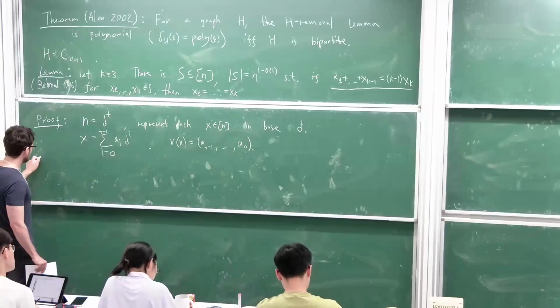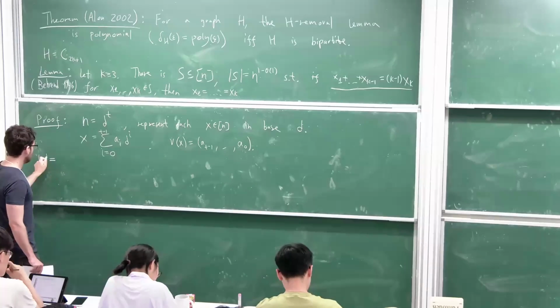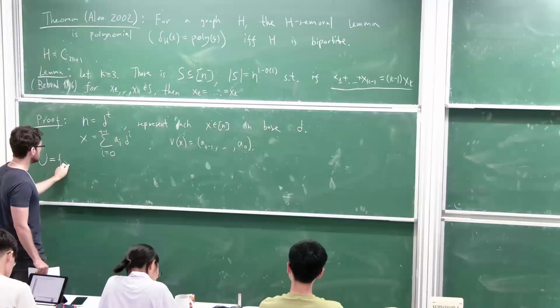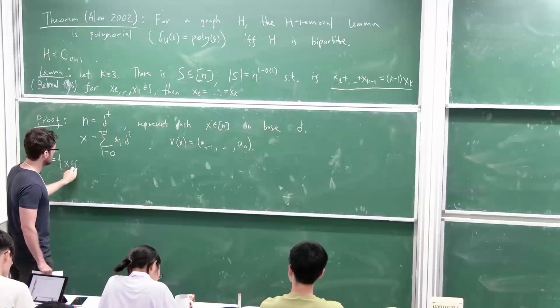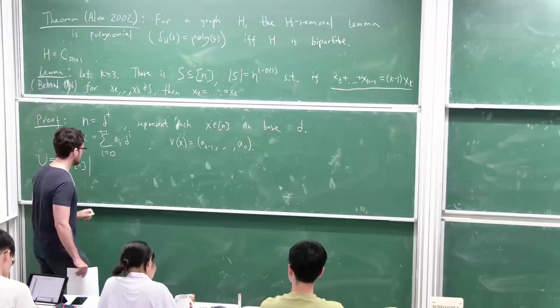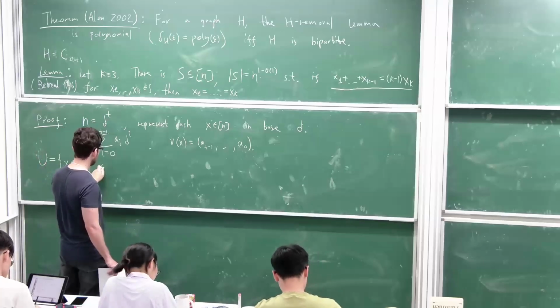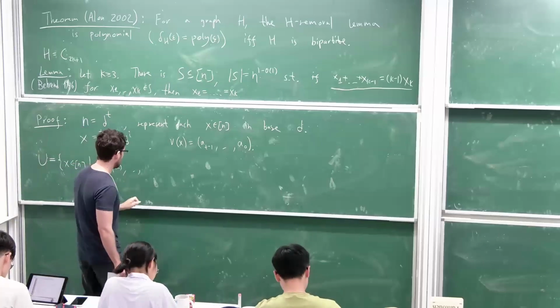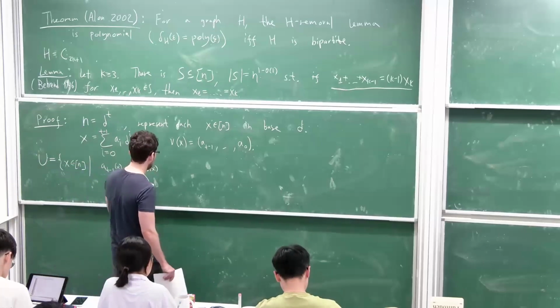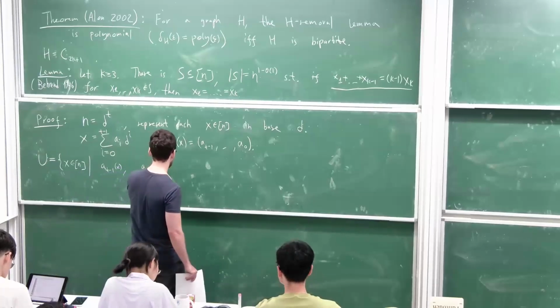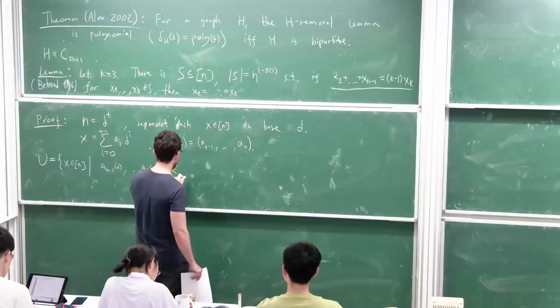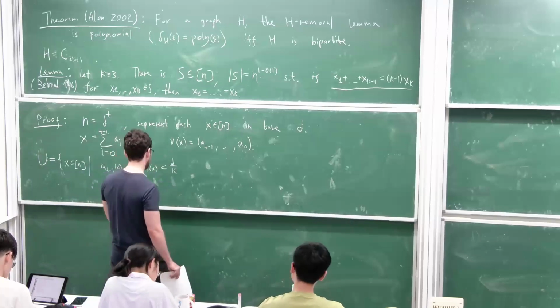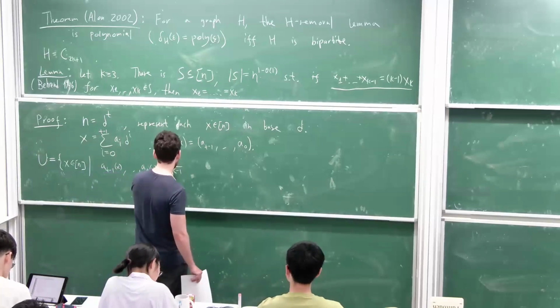And the first thing we'll do, we'll look at the set U of all x such that all the coefficients a_(d-1) of x up to a_0 of x are strictly less than t over k minus 1.